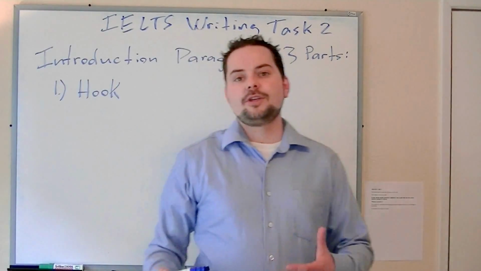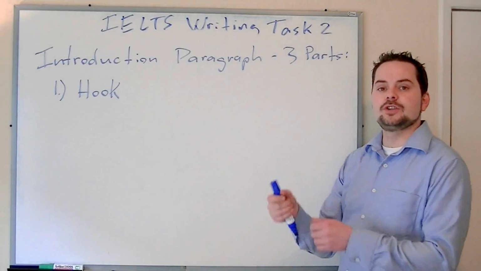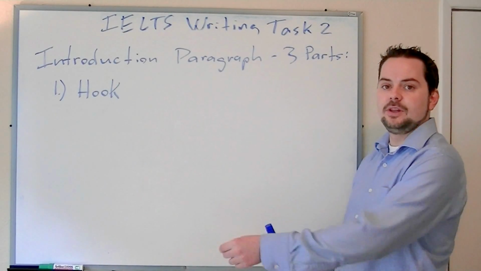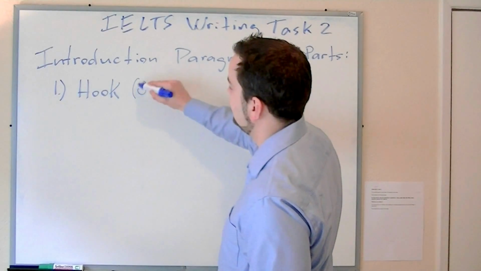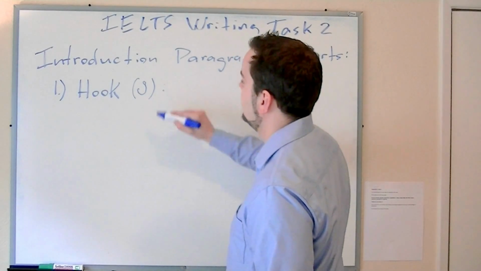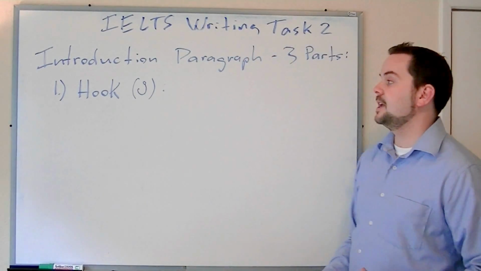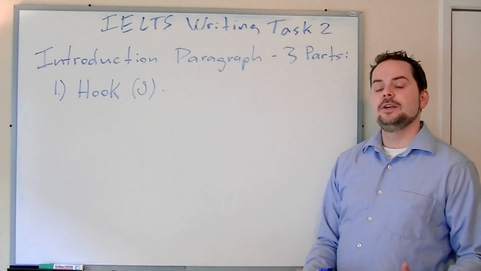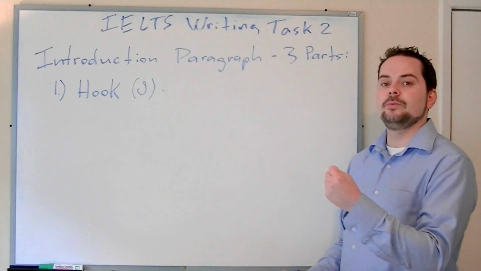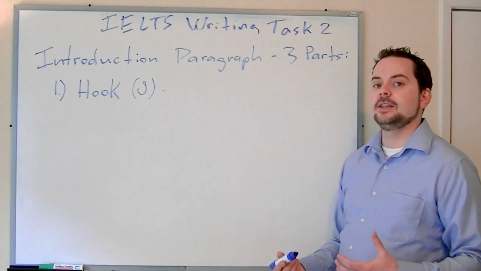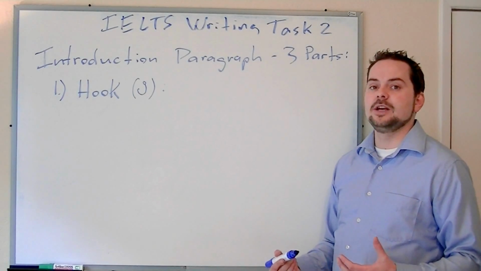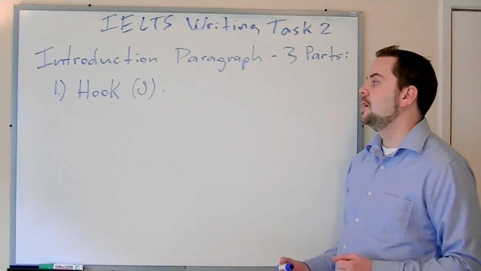And a hook, think about going fishing, so the hook at the end of the line that you use to catch the fish is what this means here, just like that. The hook is a statement, it's a sentence that is used to catch your reader. So it has to be something interesting or something exciting, like an interesting fact, for example, or an interesting quotation.